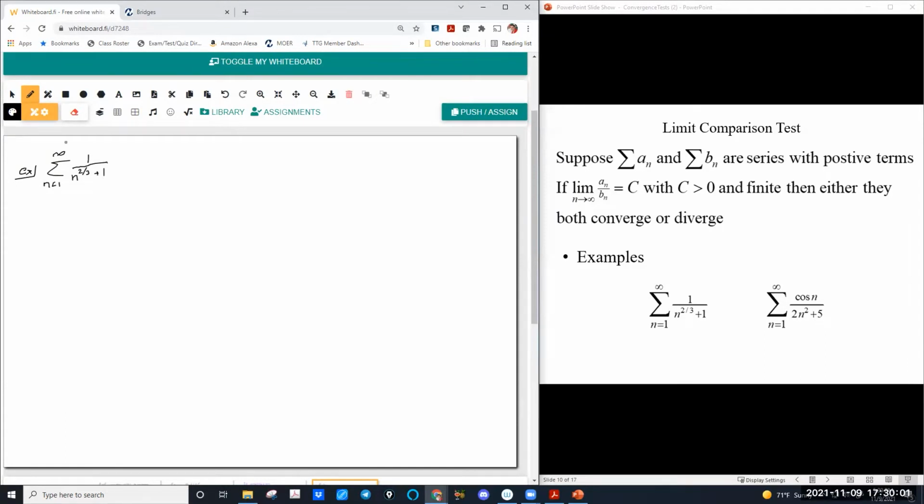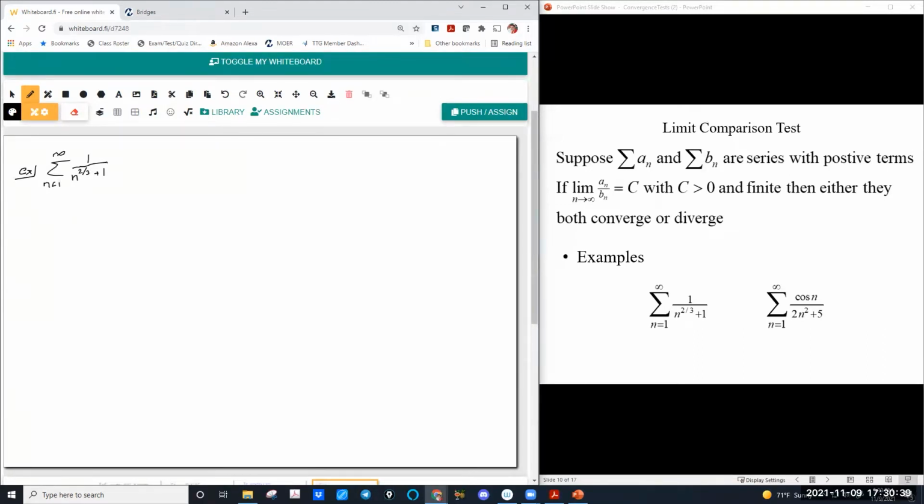Anything that kind of resembles a P series but isn't a P series because of the plus 1, anytime you've got a polynomial or n to some powers over n to some powers, one of the good possibilities is a comparison test. Now, we want to compare it to something similar. So you want to make sure that you choose something that is similar in nature, and what you look at are the lead terms of the numerator and denominator.